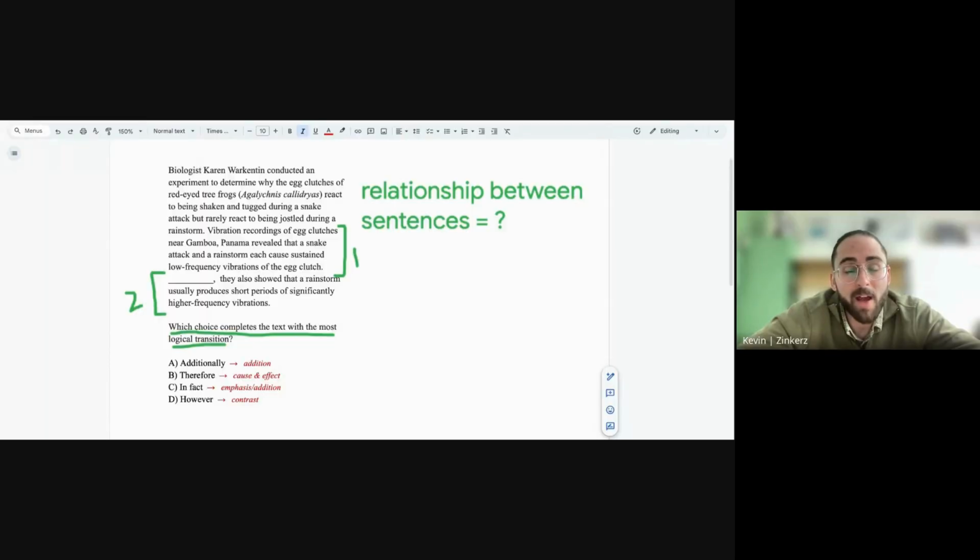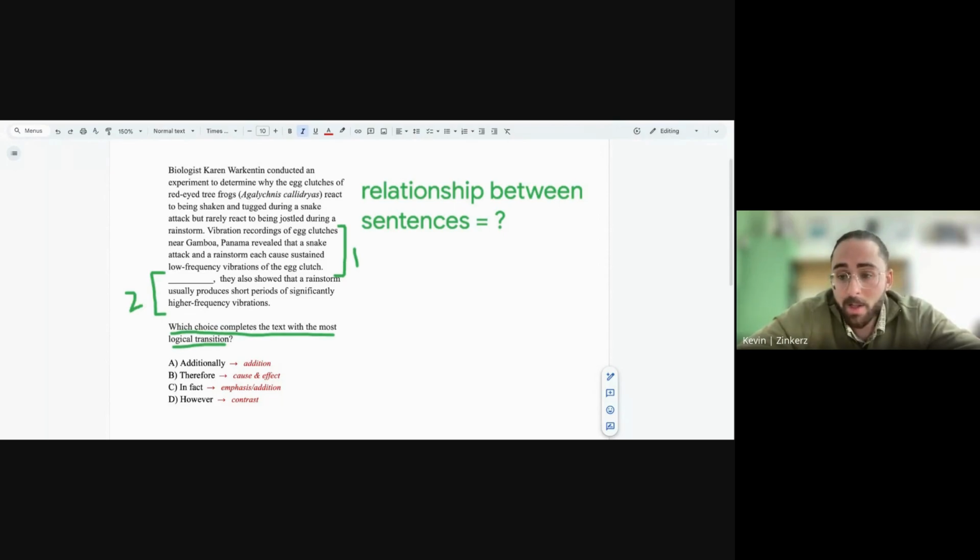This text does have some pretty technical scientific language, but don't let that intimidate you. Really boil it down to the core idea that each sentence is conveying. In this case, we're talking about an experiment, and this first sentence is just telling us what they found.